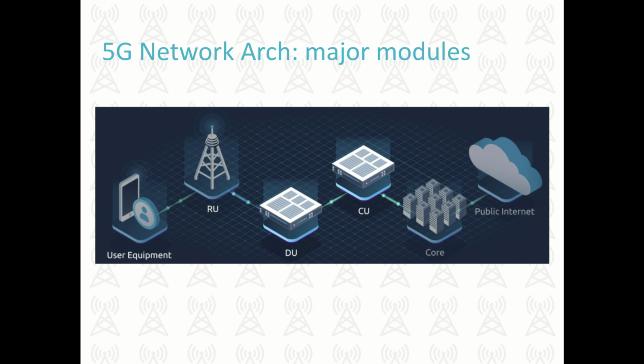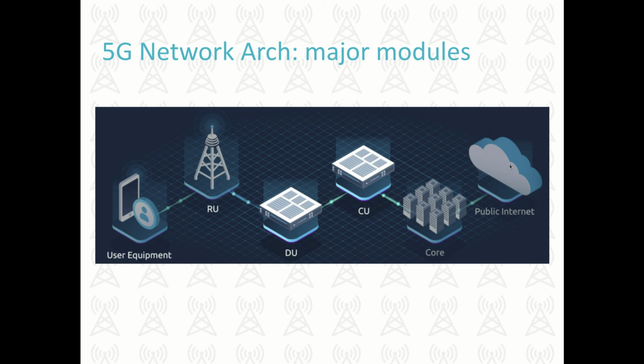If you go into a little more detail on the breakup, typically the external network is the public internet, but that's not exclusive, there can be some other network also. Then we have the 5G core, which typically gets implemented on general purpose processors.